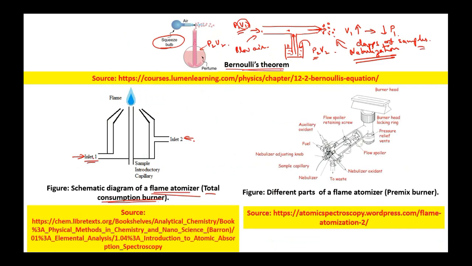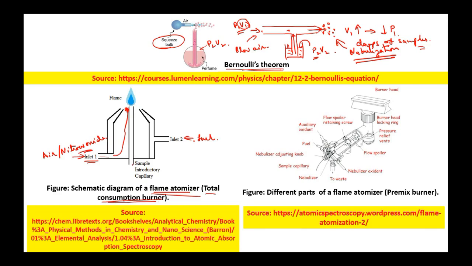In the inlet 1, we will be having air or nitrous oxide, whereas in the inlet 2, we will be having the fuel. Now, when this air is coming over here, it is going towards the nozzle.